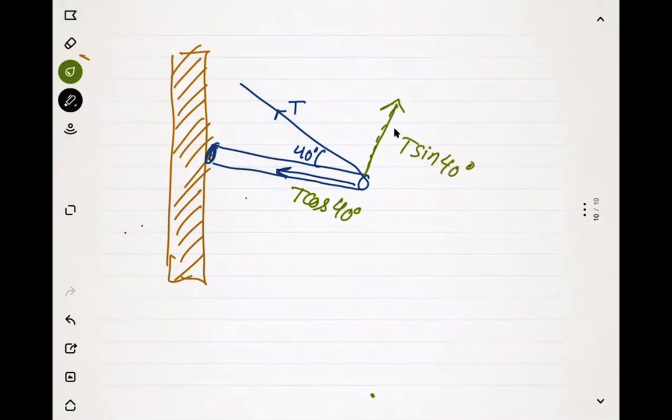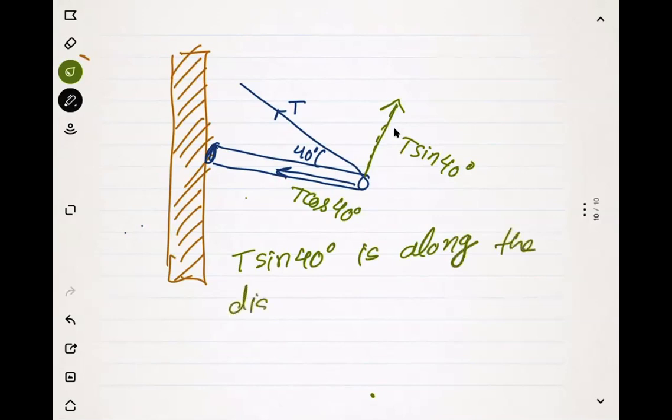So T cos 40 is along the rod and T sine 40 is perpendicular to the distance of the rod. Sorry, T cos 40 is along the distance.